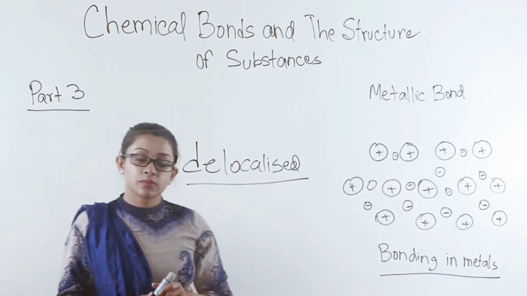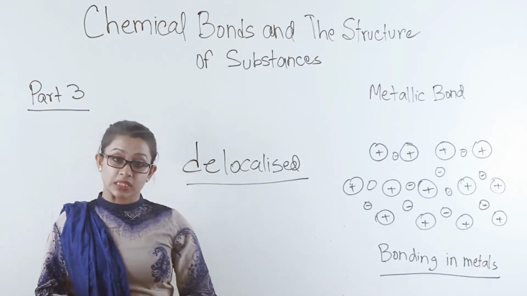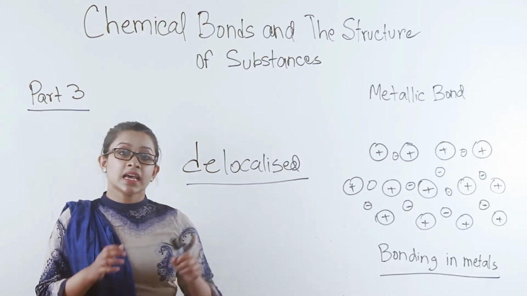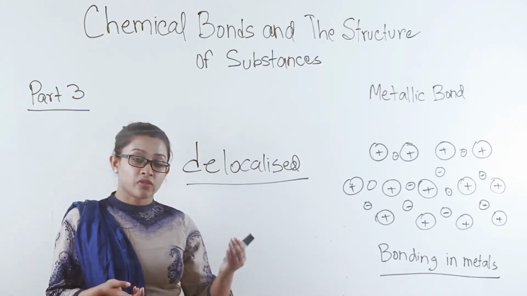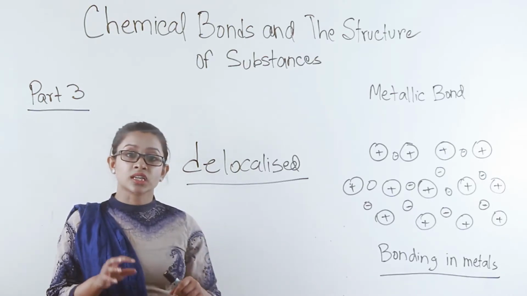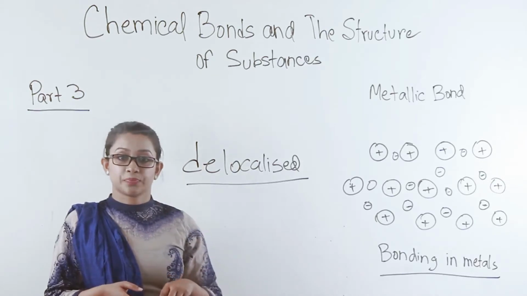If you follow metallic bonding in your textbook, you might come across this term delocalized. This means that these electrons are not fixed into a particular location, so they are delocalized.